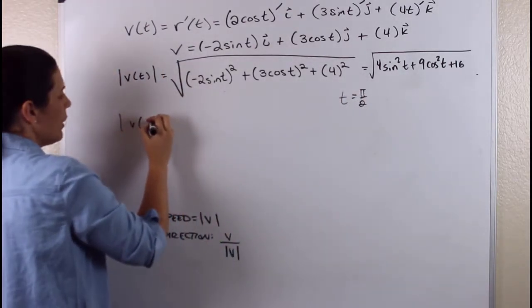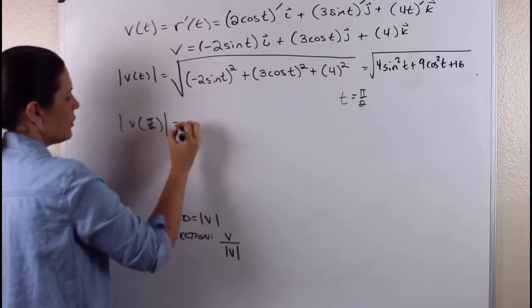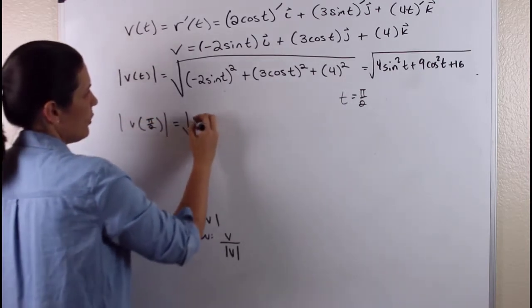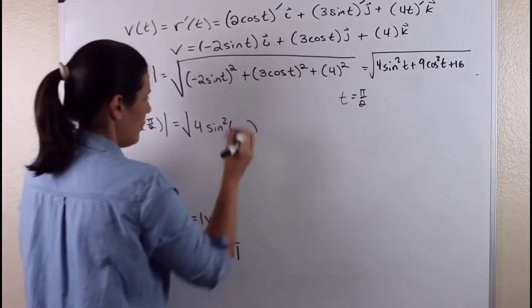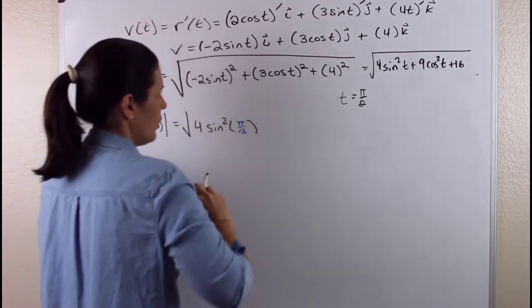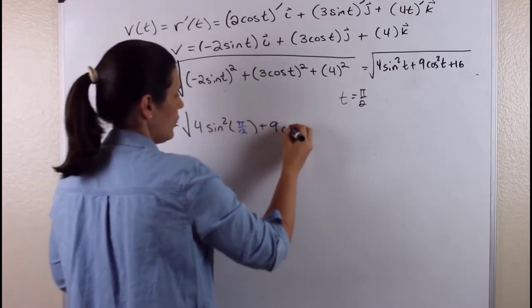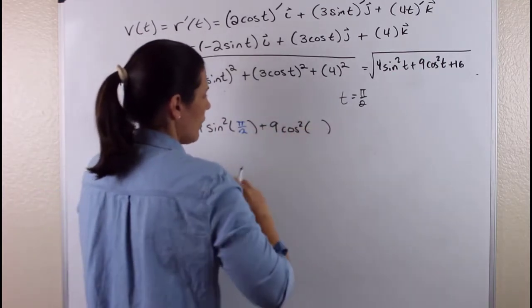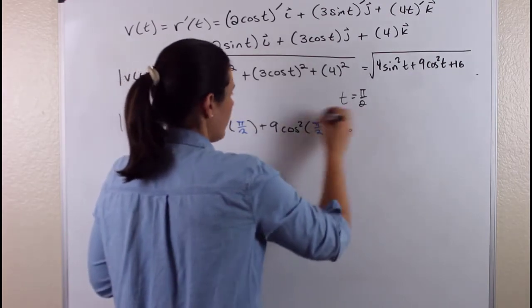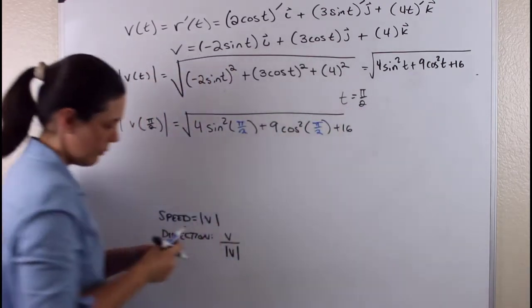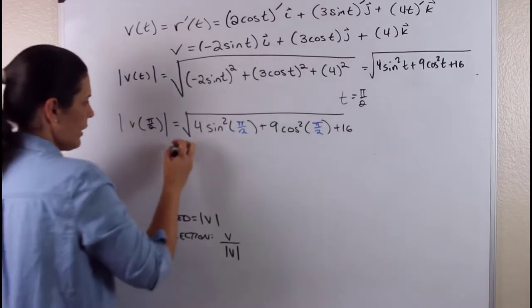The magnitude of v at pi over 2. So this is going to be the square root of 4 sine squared of pi over 2 plus 9 cosine squared of pi over 2 plus 16, all inside the square root here. And let's start simplifying.